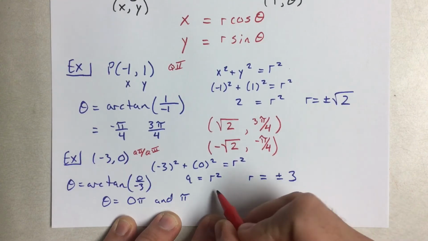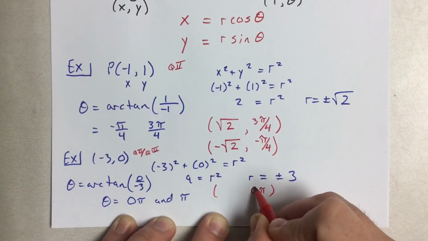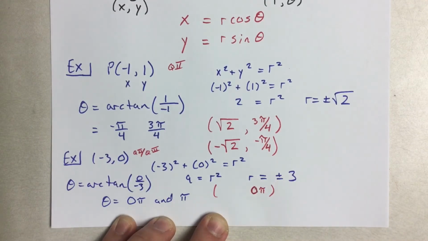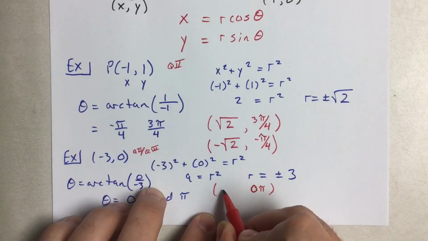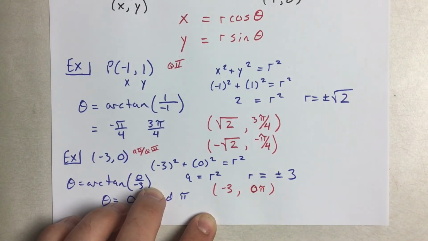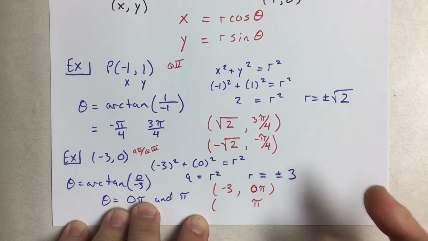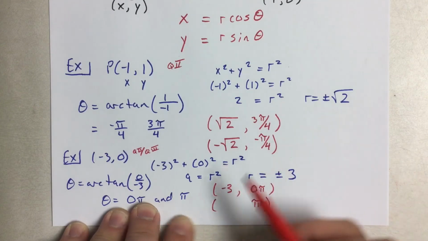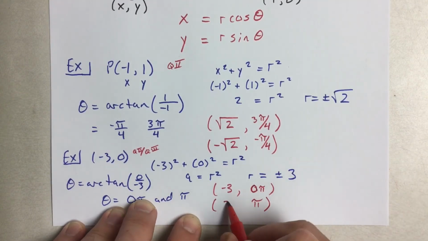We look at the angle measure first, right guys? So let's say we have 0 pi, meaning there's no turn. So that leaves me on the right side of the axis. I need to be on the left side, so we're going to use our negative radius. That's how it works. And then if I use pi, well, we already know what it's going to be, but at pi, that takes me around to the left side of our unit circle, so that's where we want to be, so we have a positive radius.